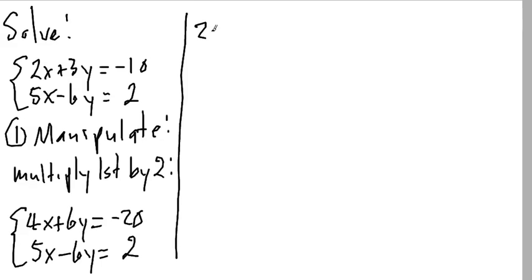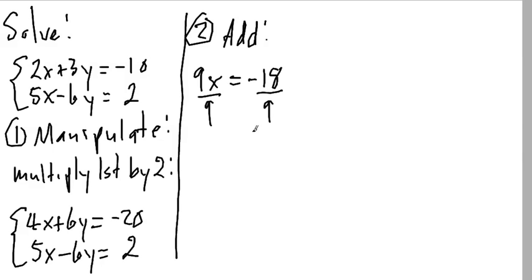So now my second step is to add, and I'm going to solve for the other variable, which is x. So I get 9x, 6y minus 6y gives me 0, negative 20 plus 2 gives me negative 18. So I get 9x is equal to negative 18. I divide both sides by 9, and I get that x is equal to 18 divided by 9 is 2, and negative divided by positive is negative, so x is equal to negative 2.